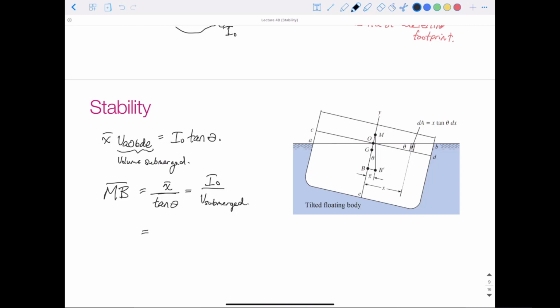And this is also equal to, if we just add up those lengths, the length of line segment M to G plus G to B. So what is this here? M to B is this length here.